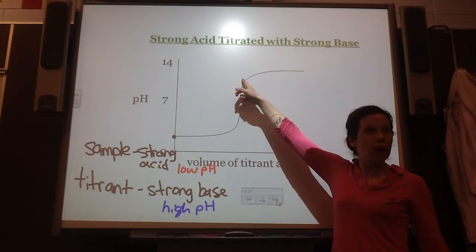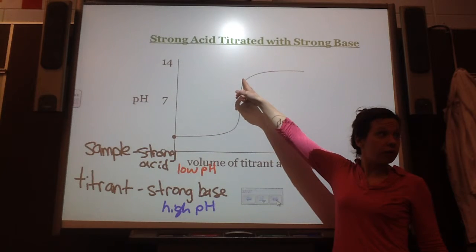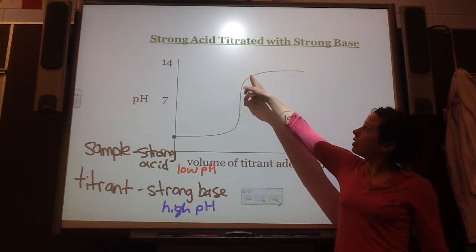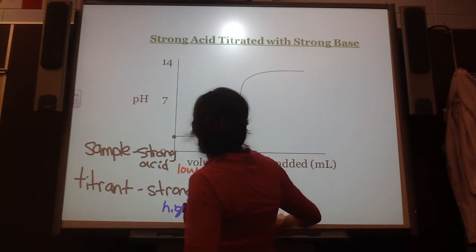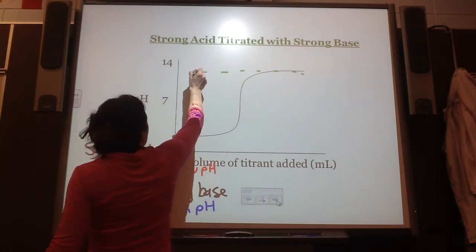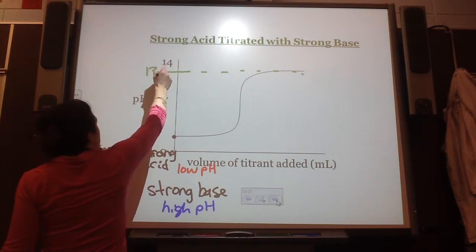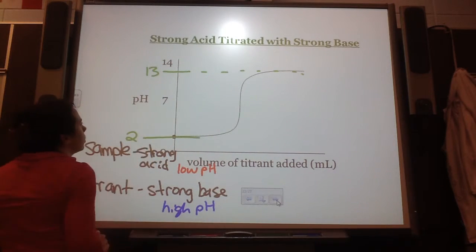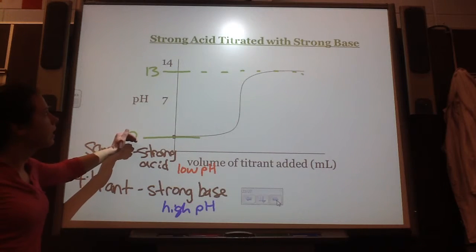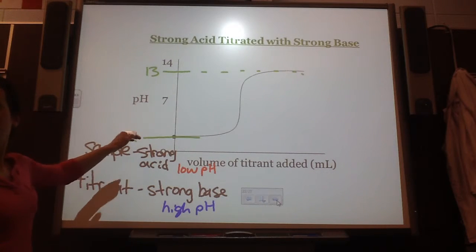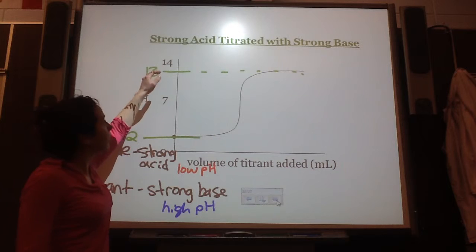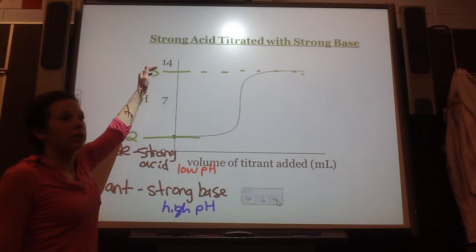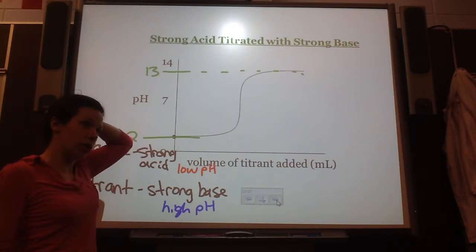Whoa, like 2 drops and it skyrockets. Okay, so now see where it ends off. We would say, perhaps that's about 13 or whatever, and this is, say, 2. Okay, so very strong acid, and so very low pH, and I end up with a really strong base, giving me a high pH.